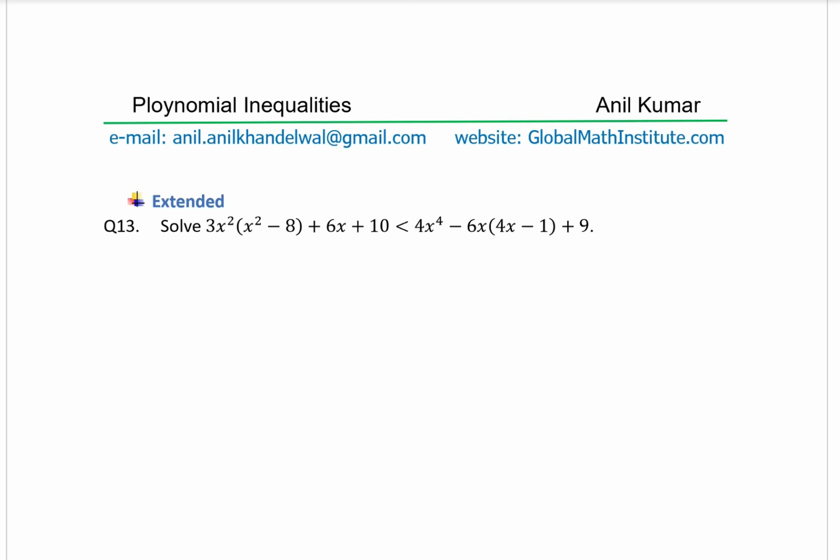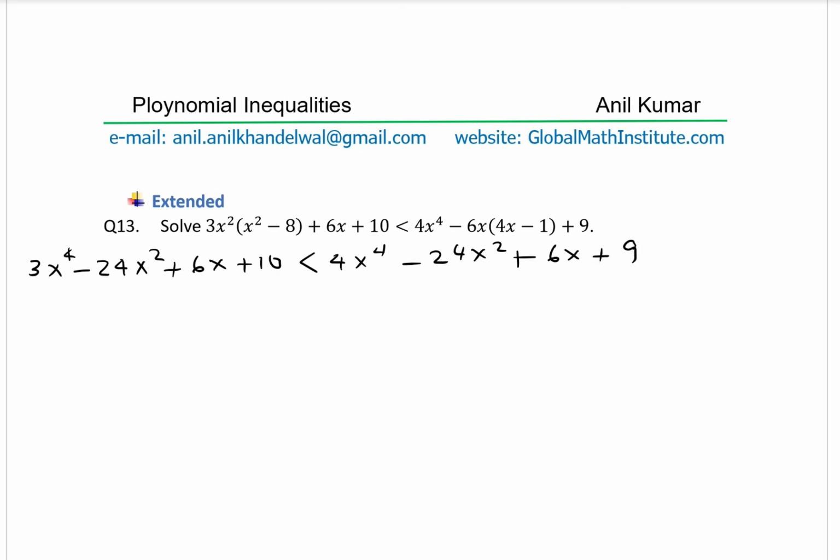When I multiply by 3x squared, I get 3x to the power of 4 minus 3 times 8, which is 24x squared, plus 6x plus 10, and on the other side we have 4x to the power of 4 minus 24x squared, and minus becomes plus 6x plus 9.